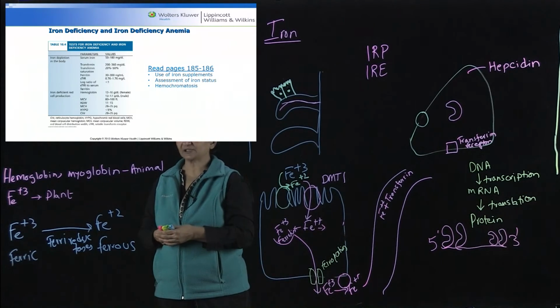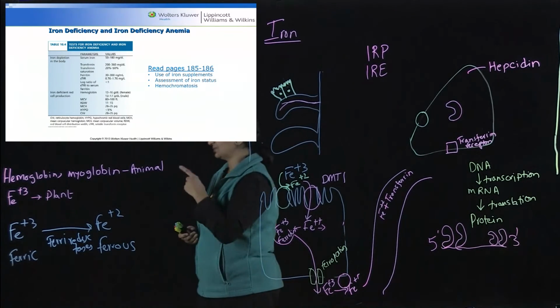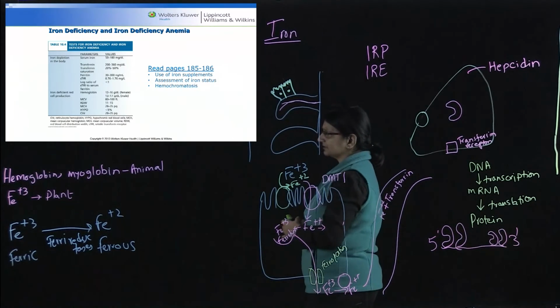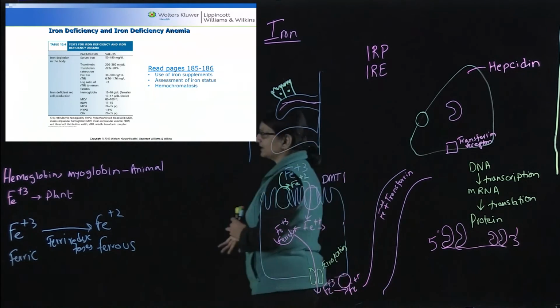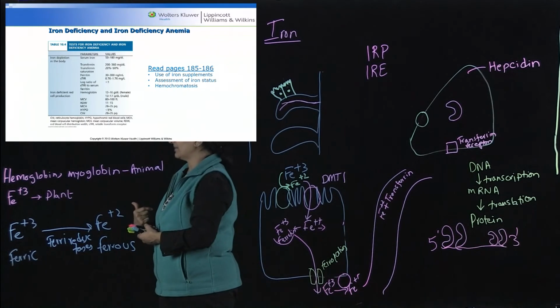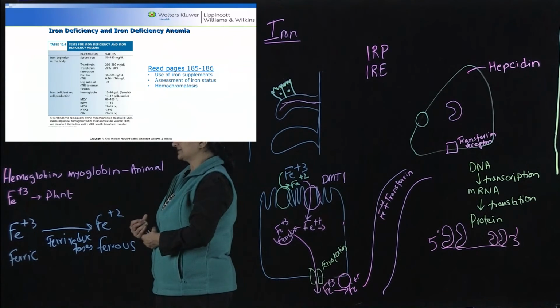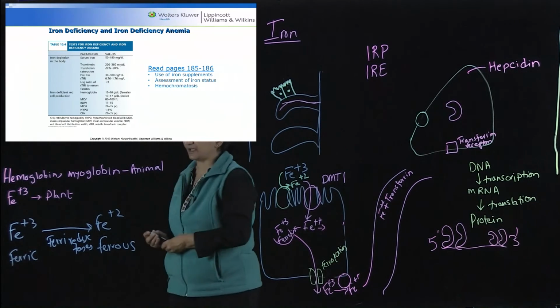So what is actually used to assess this would depend on the types of tests that they actually do. In general, they can look at serum iron, transferrin, and then transferrin saturation, and the other tests that you see there as well.